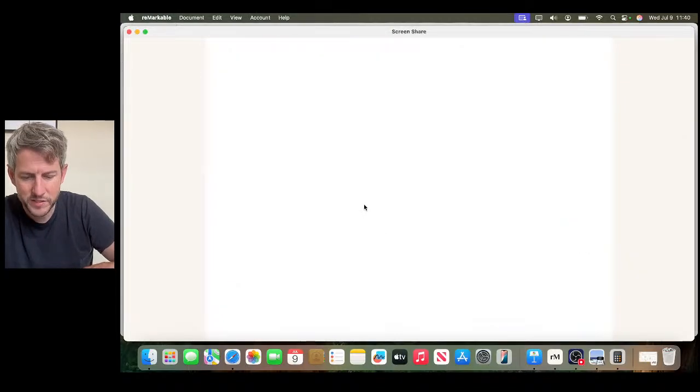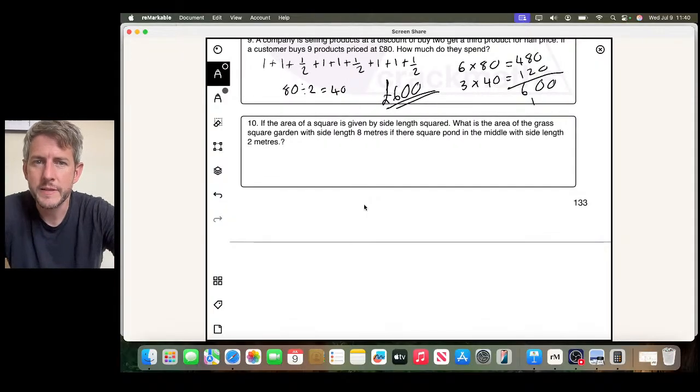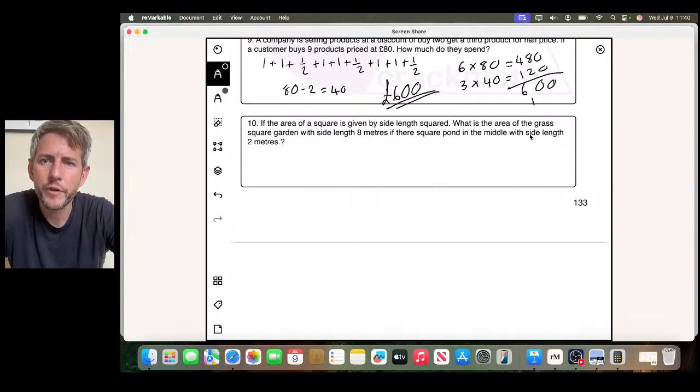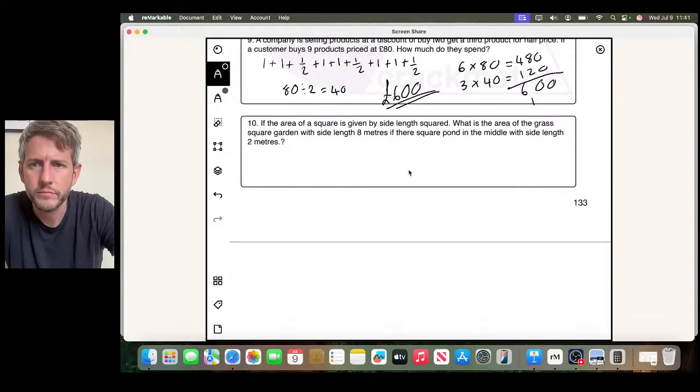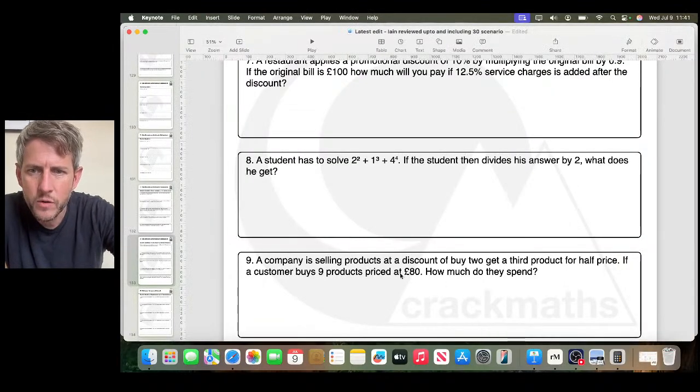Okay, question 10. If the area of a square is given by side length squared, what is the area of the grass? What is the area of the grass square garden? I don't think that word's right, that doesn't make sense either. So, here we go.